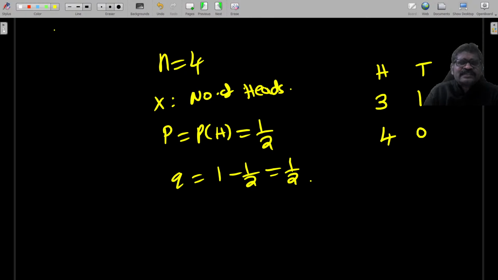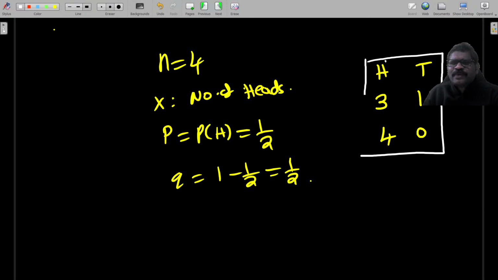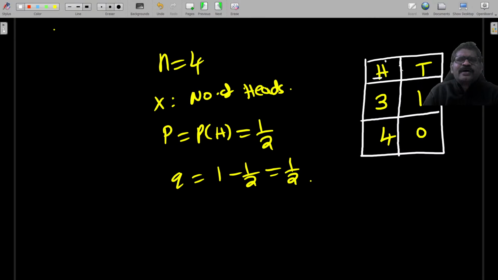So number of heads more than number of tails means number of heads is 3 and tails is 1, or number of heads is 4 and tails is 0. These are the two cases. We have to calculate the probability of getting 3 heads and the probability of getting 4 heads.